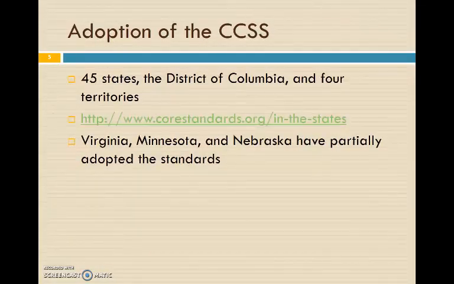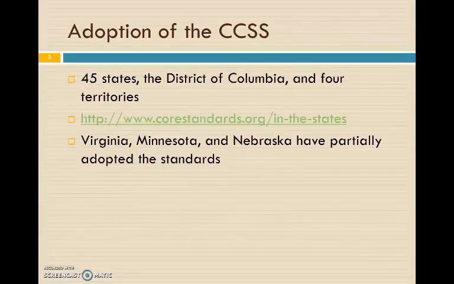So 45 states, the District of Columbia, and 4 territories had adopted the Common Core state standards. Some other states had partially adopted the standards, so maybe they adopted the reading set or the math group. Right now we have English language arts, we have math, and they're working on science now.